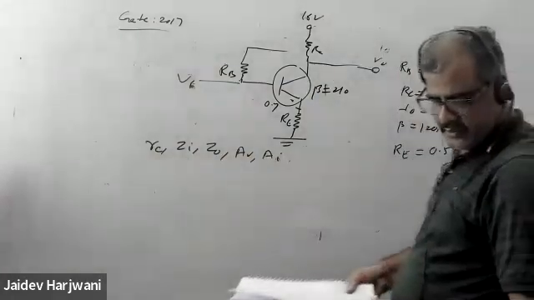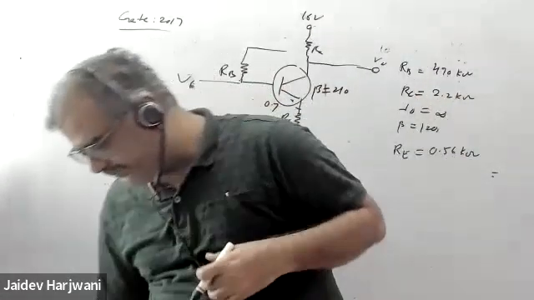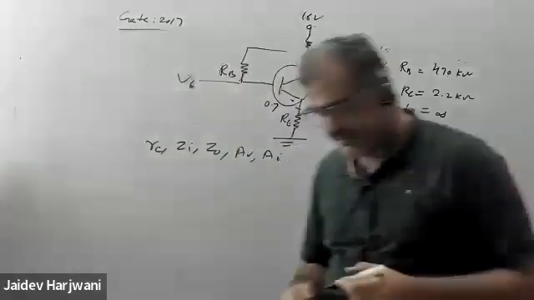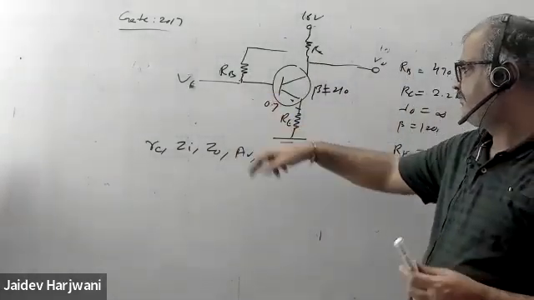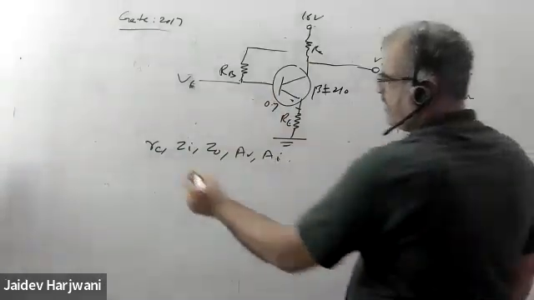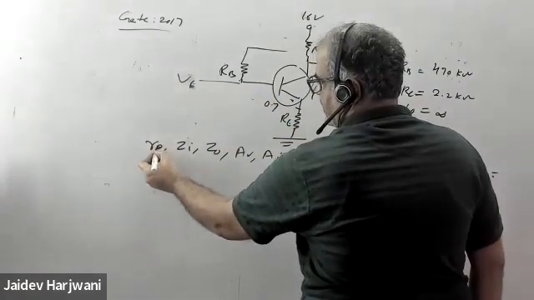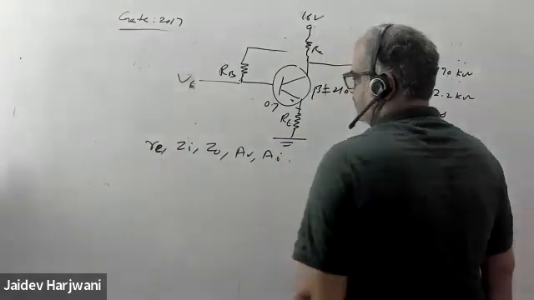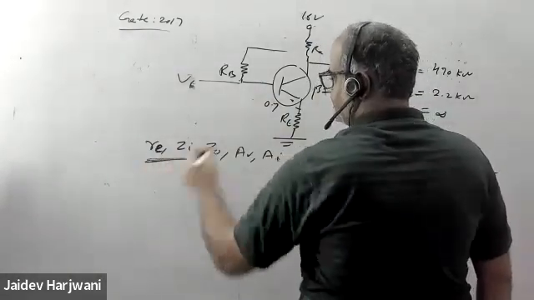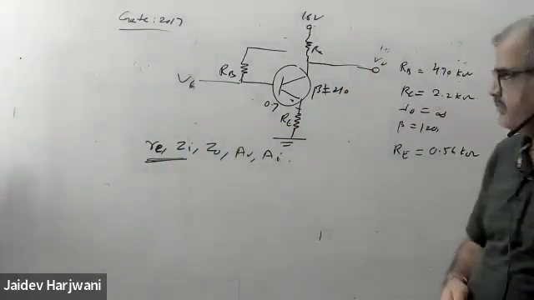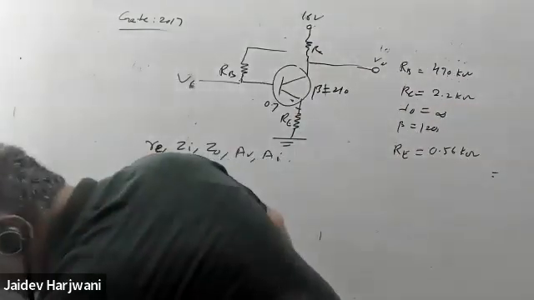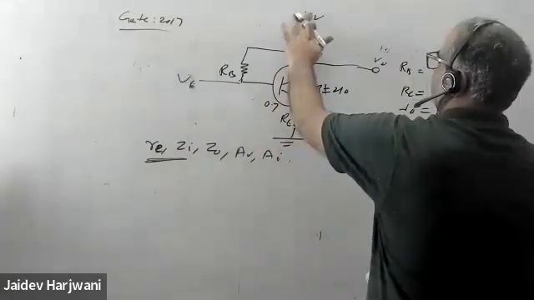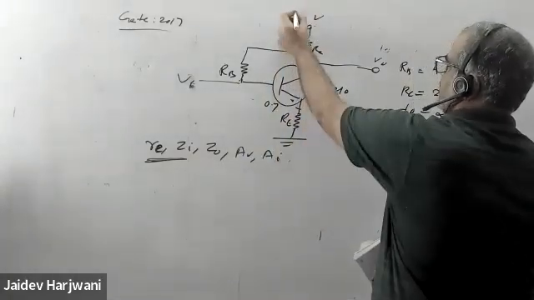Just tell me the value of RE; remaining is homework. I will put the answer. RE and ZI both to calculate. And the voltage is 20.